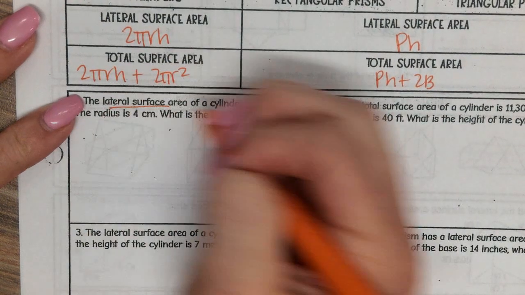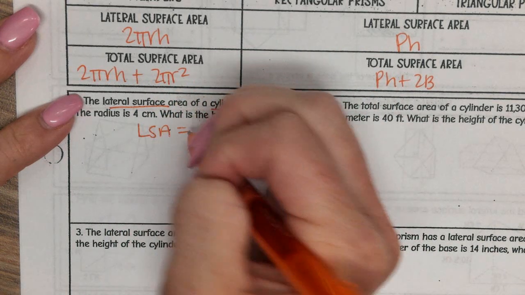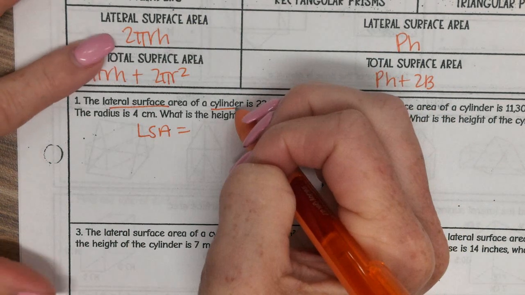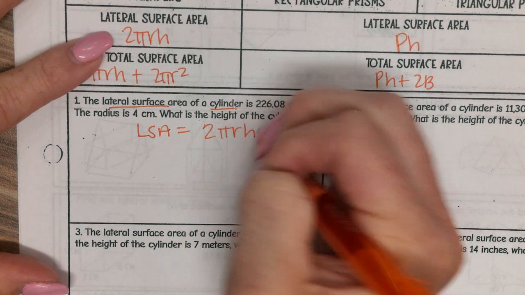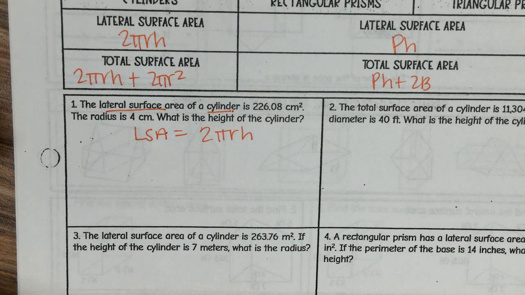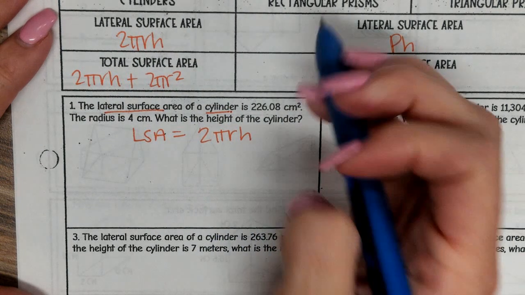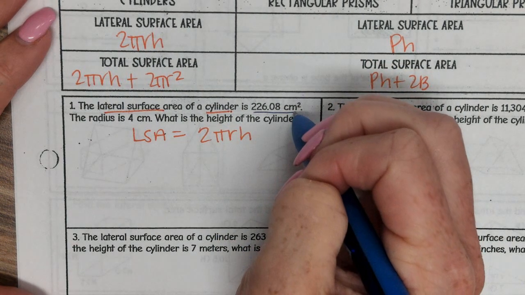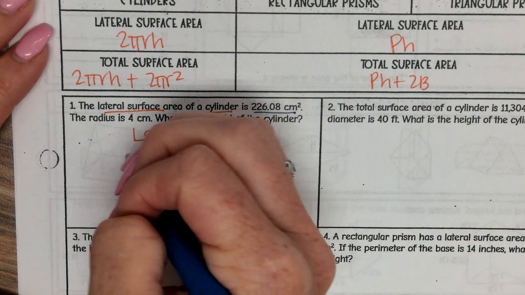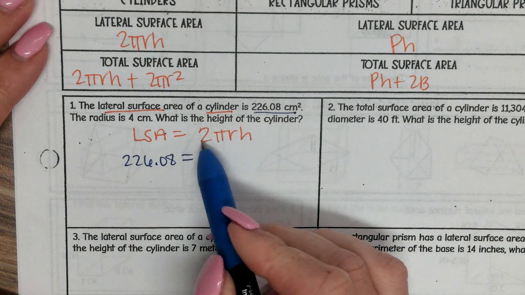So right there, I'm going to underline that. I know right away that I need the lateral surface area formula of a cylinder, and it's 2 pi RH. So this is going to be the formula that I'm going to use. They gave you the lateral surface area, because right here it says the lateral surface area is 226.08. So it's going to go right here. Equals, and then you're going to fill in these pieces.